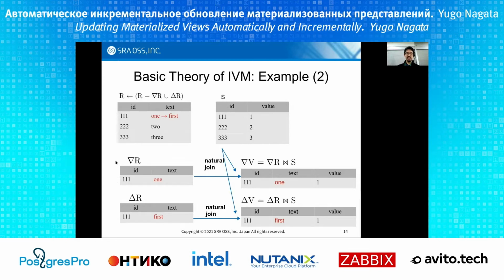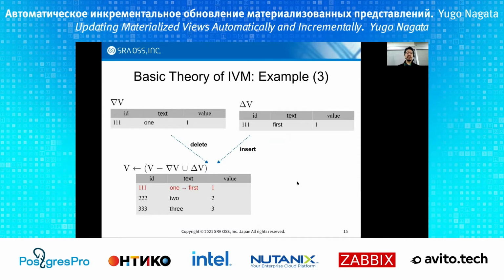And using these changes and table S and V definition, we can get now V and delta V. This is the changes on the view. Finally, applying these changes to the view, we can get the latest state of the view. This is an IVM process.